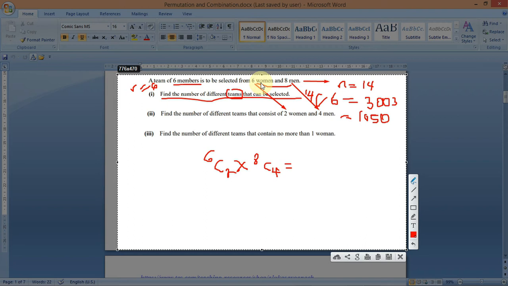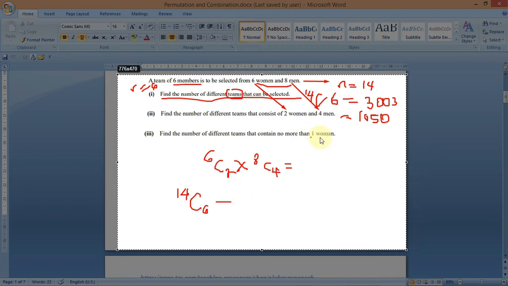So in that case, I would rather go for the number of teams without restriction, which is 14 combination 6. That is all members of the team. Then if I take away all the men, you'll be left with all the women.